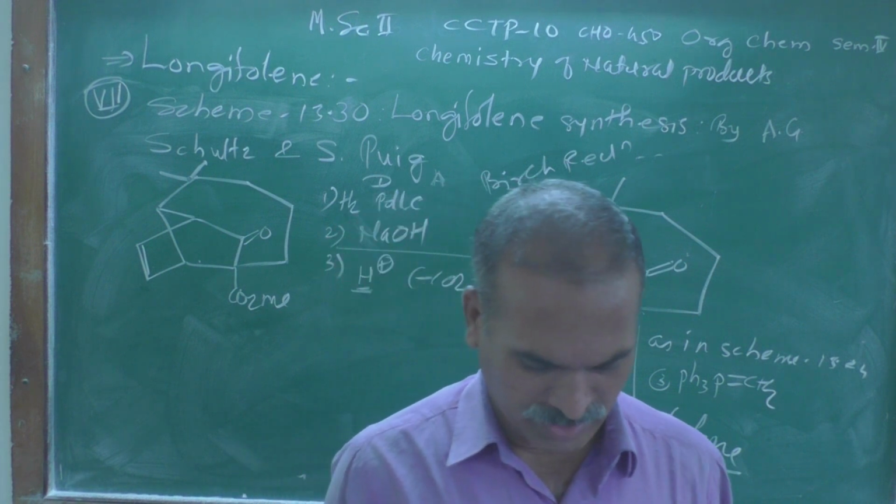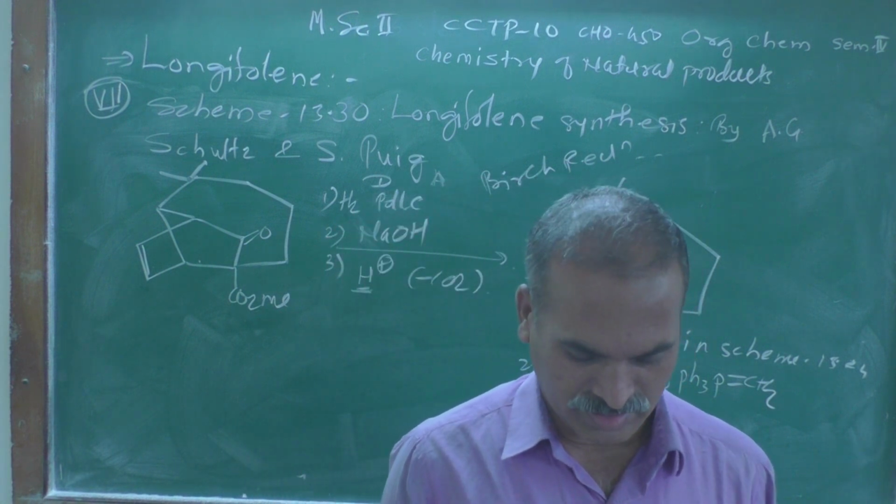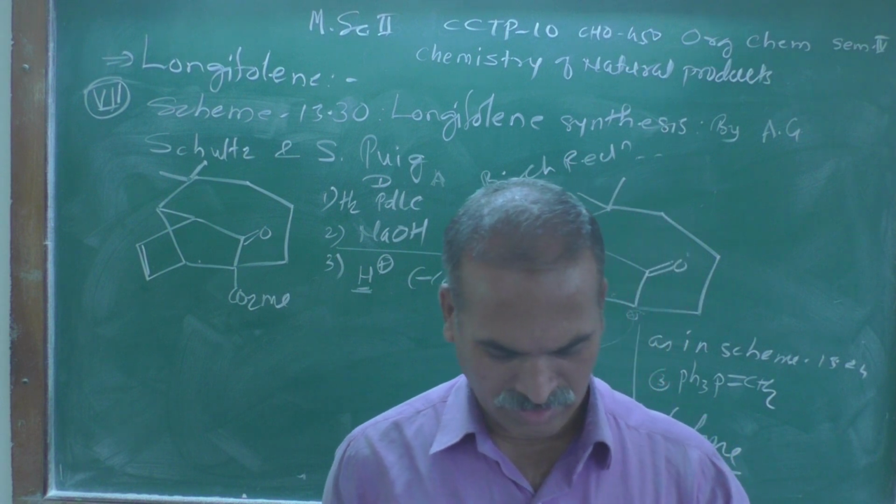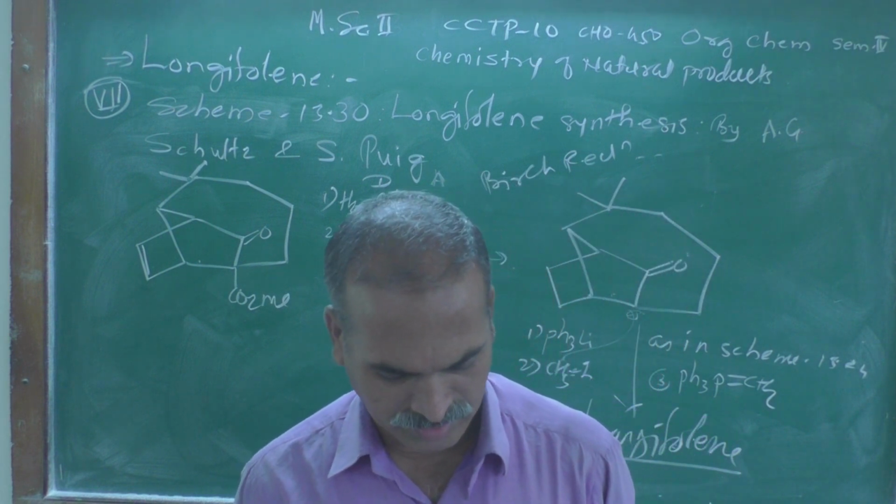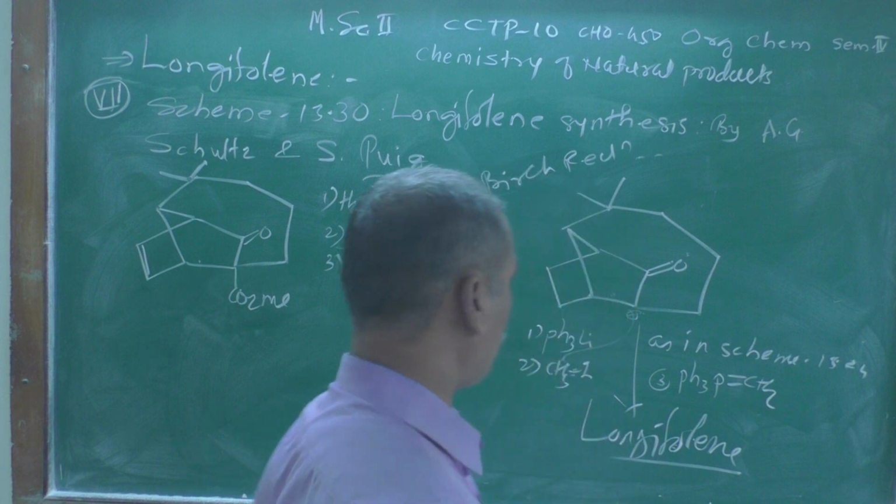Now NBS, as we already described, NBS is N-bromosuccinimide, it provides a source of bromine.